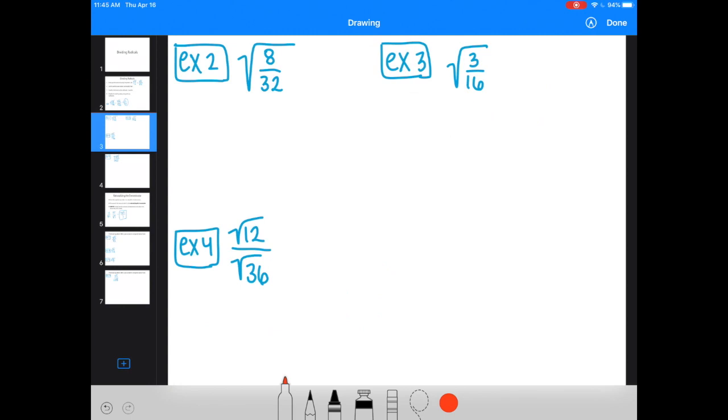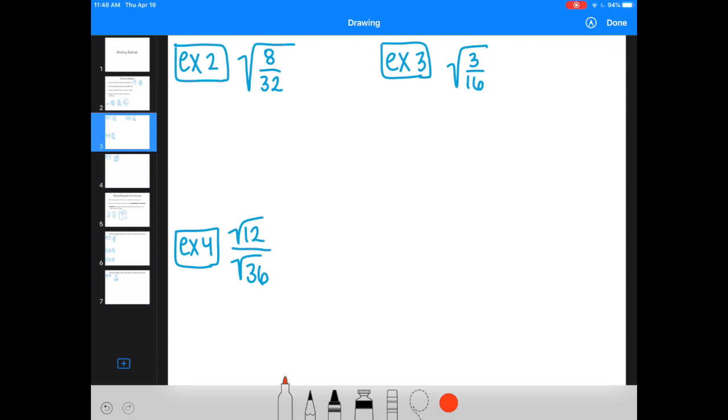Example number 2. I have the square root of a fraction of 8 over 32. Pump the brakes real quick, because instinctively, when you get to this process, you want to immediately break apart that radical. But before we do that, it's going to be easier for us in the long run if we look at that fraction and see, hey, can I simplify that fraction within the radicand?